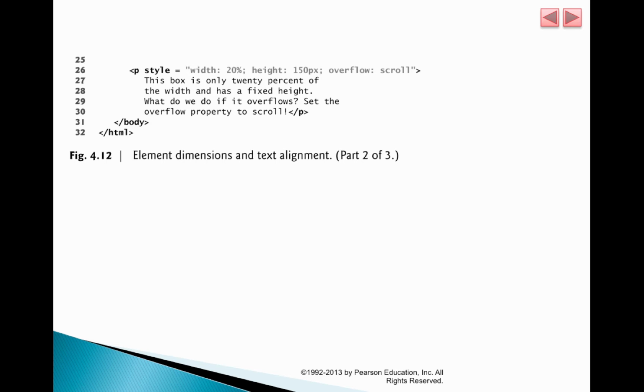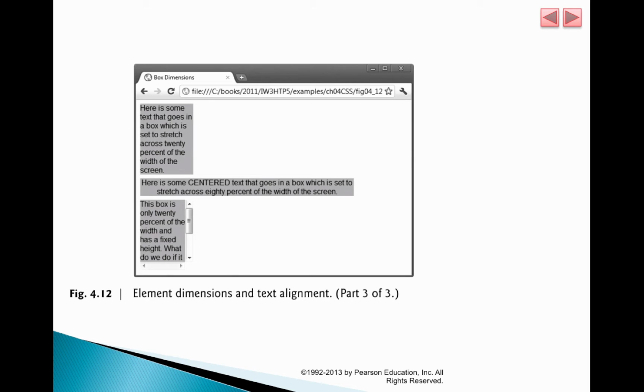And you're also specifying a height to it. So you're specifying a width and a height, and in case the text does not fit within that specified width and height, you want scroll bars, which is why you say overflow: scroll. So the end result of these rules: in the first case the width is 20%, in the third case it's 20%, in the second case it is 80%.